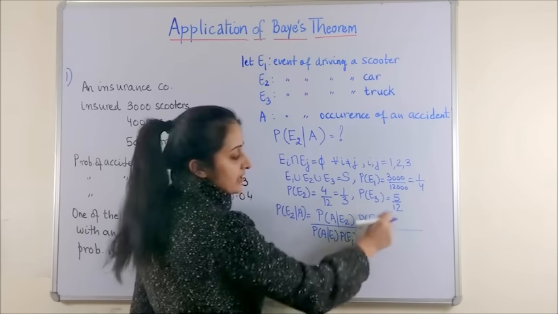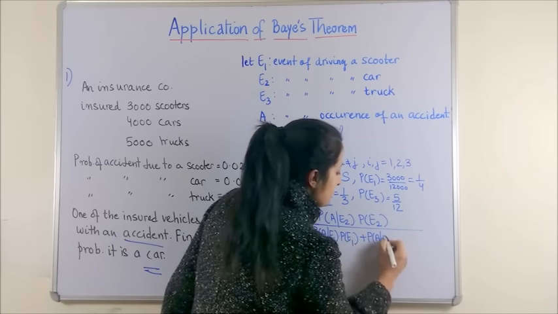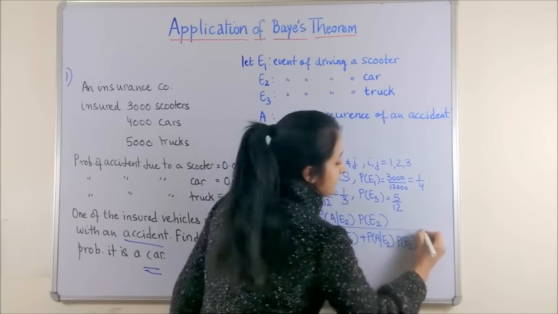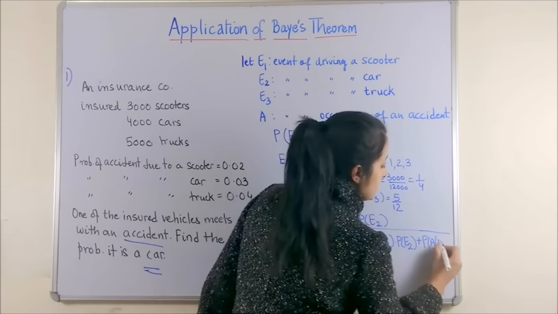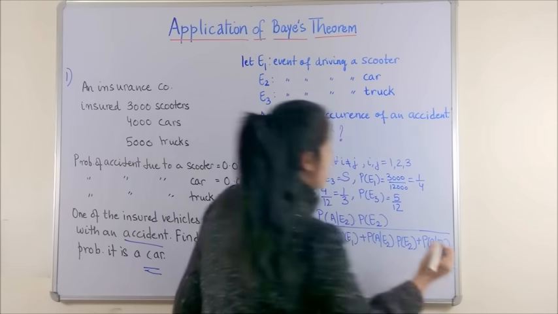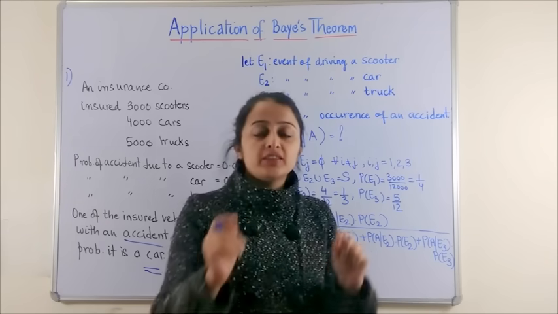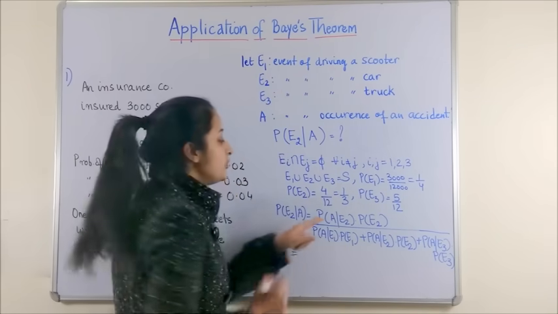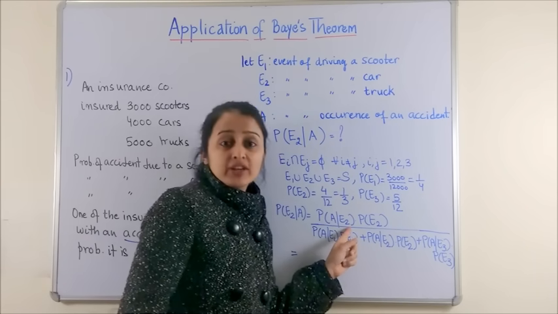Now for the second one, I repeat the numerator, P(A given E2) into probability of E2, and P(A given E3) into probability of E3. Now once we've written all of this, all you need to do is put in the values and you'll be done.